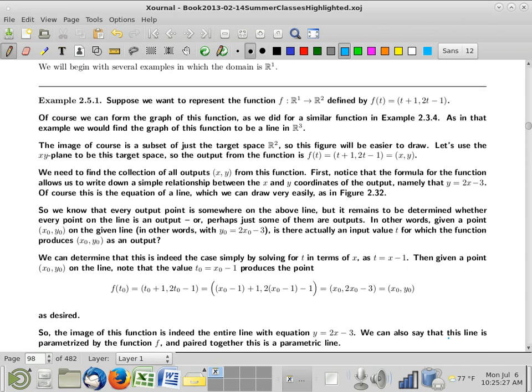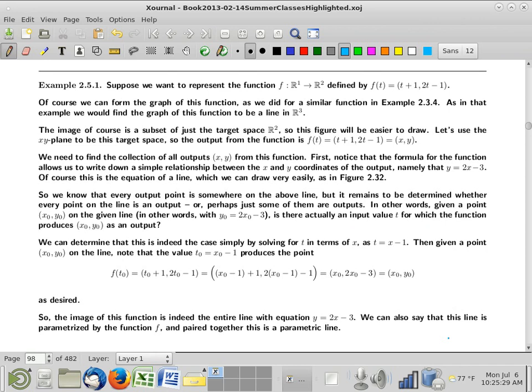Well, here's how you know in this case. If you would like to know that this traces out the entire line, then give me a point on the line and I'm going to show you that I can construct that point. I can get this exact point to come out of this function. The way I'm going to do it is by observing that there's only one point on the line that has this value of x naught.